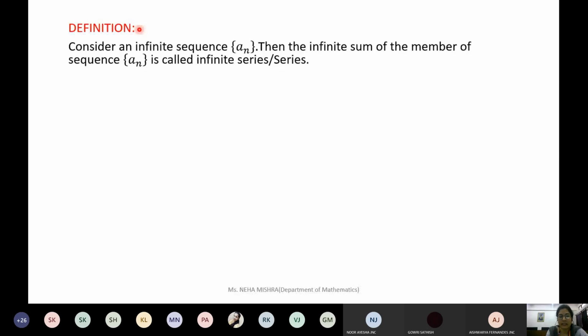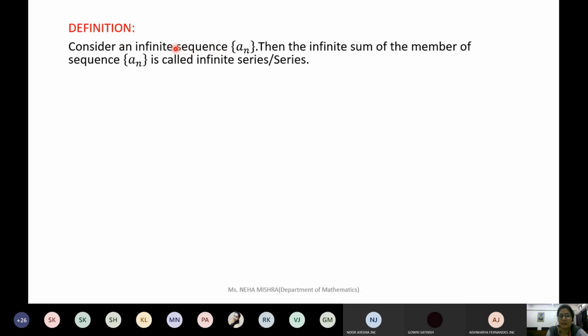Whenever you define a series, you will always start with the term sequence. Since we have infinite series, we are starting with an infinite sequence. Whenever you say sequence, make sure you put this curly bracket, because this bracket is very important whenever the word sequence comes.